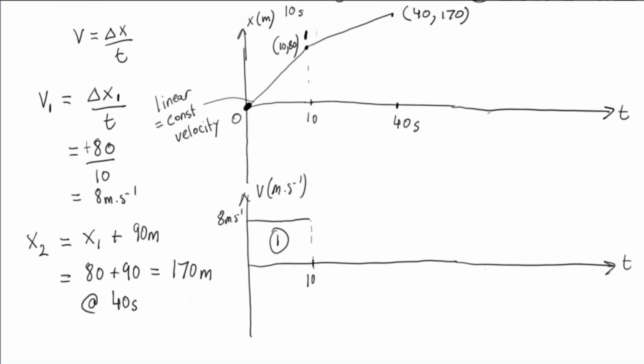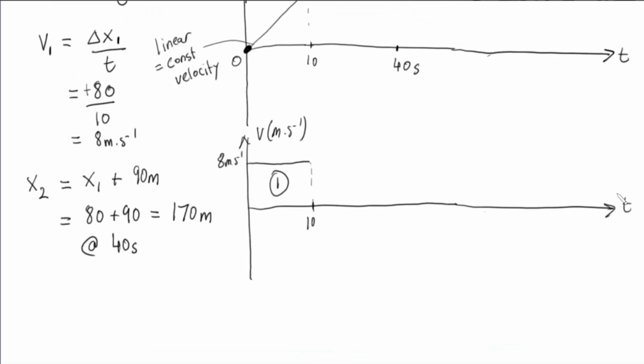And just how we worked out the velocity before, we'll do the same thing here. So we'll say the velocity over stage 2, or this section, is equal to the change in displacement divided by time.